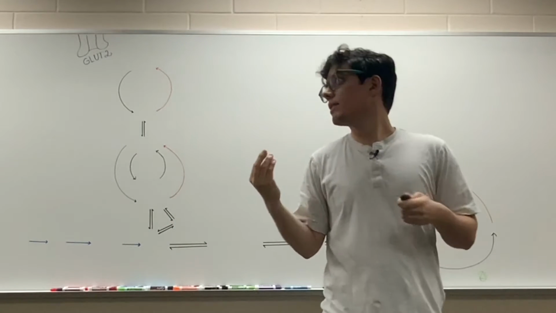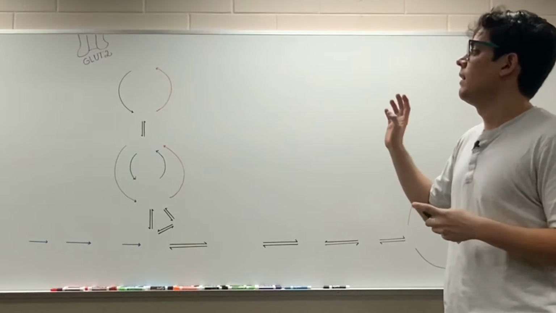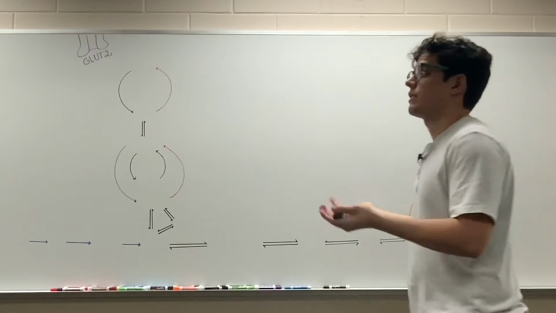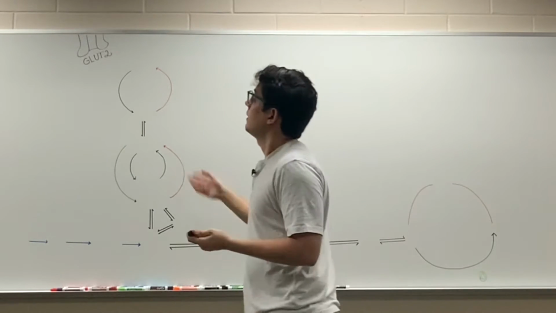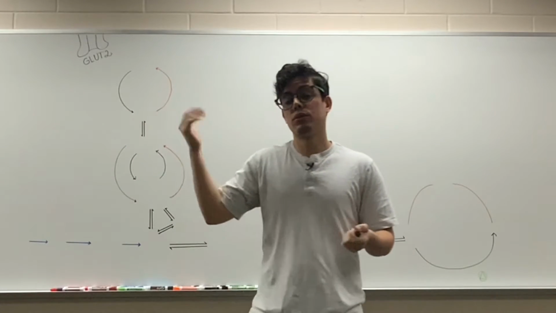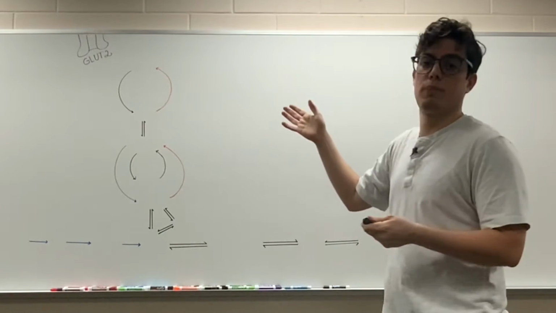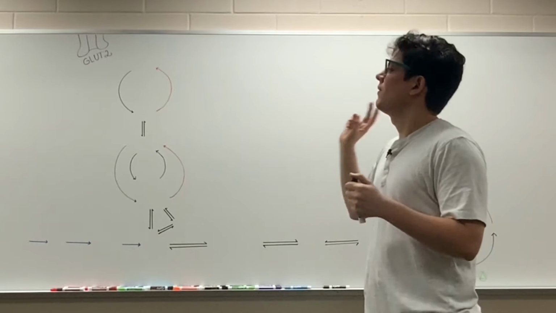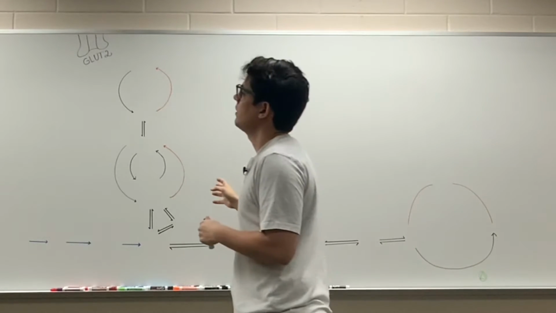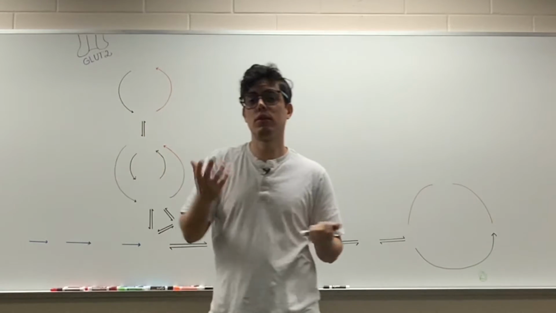And we are starting with when glucose levels in circulation start to rise, the cells are going to allow glucose to enter by GLUT transporters. And for this series of videos, we're just going to see two, GLUT2 and GLUT4.